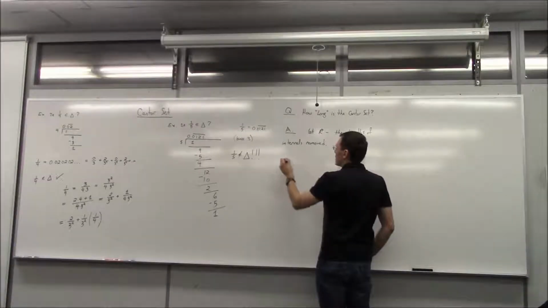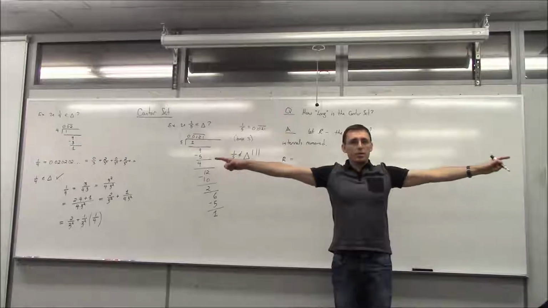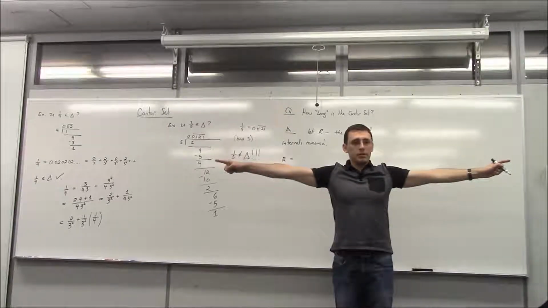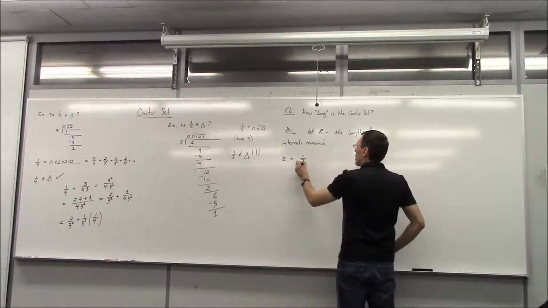And how much will that R be? So let's look at the first removal. I'm hoping you can see it. I don't want to draw a picture. So the first removal, how long is it? 1/3. So the first removal is 1/3.